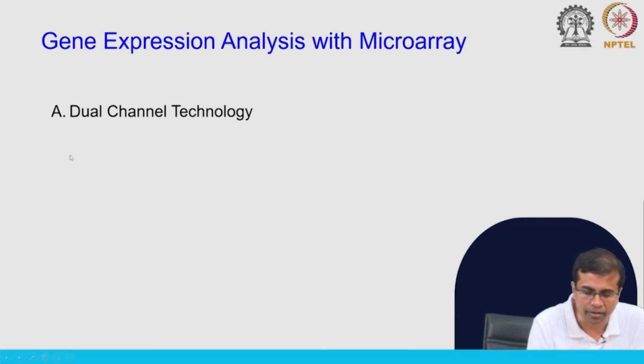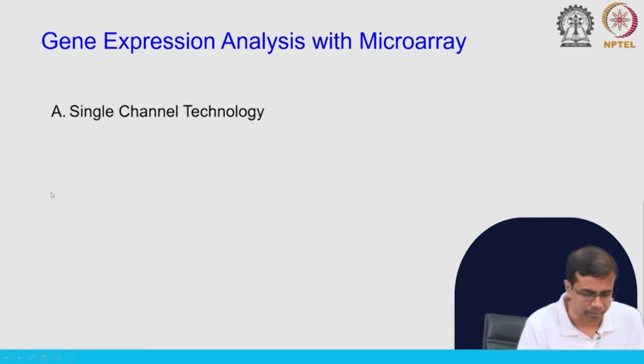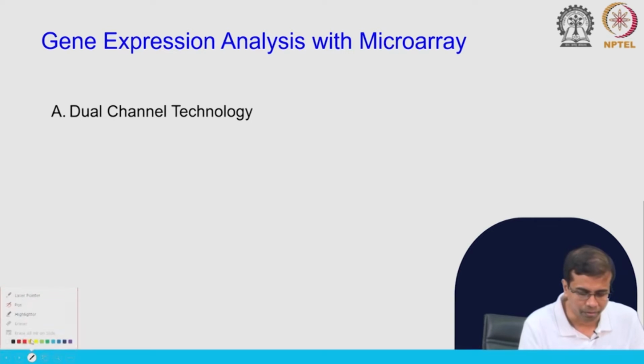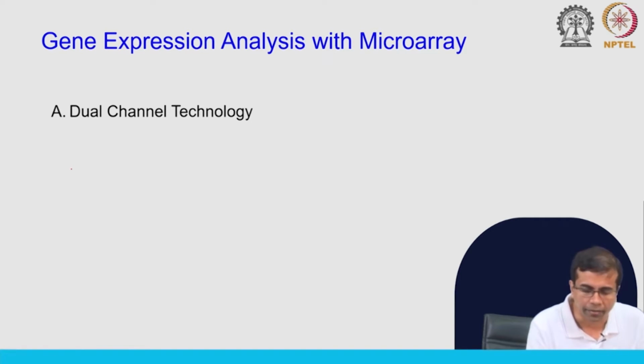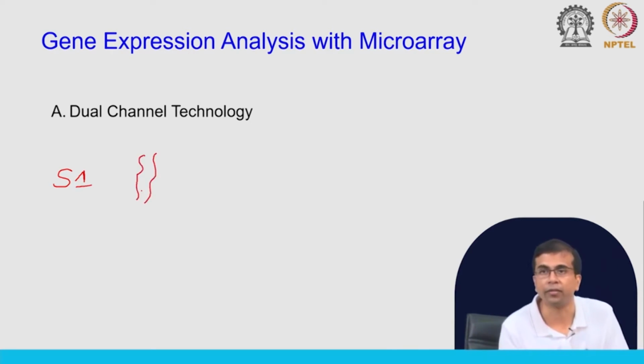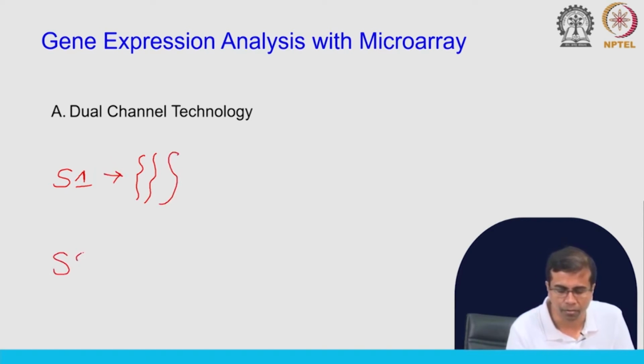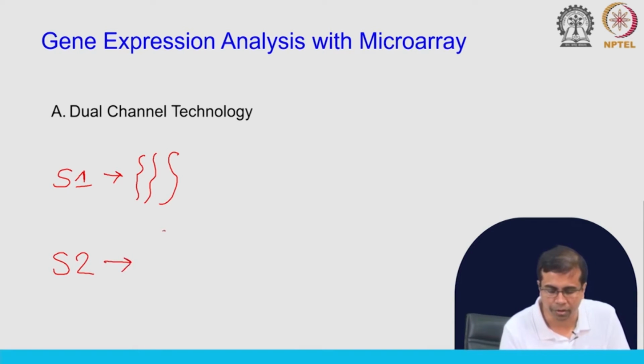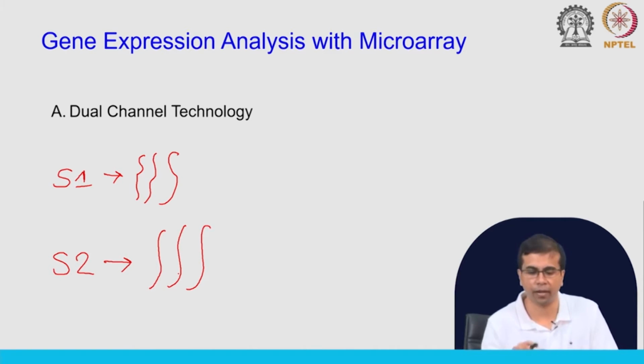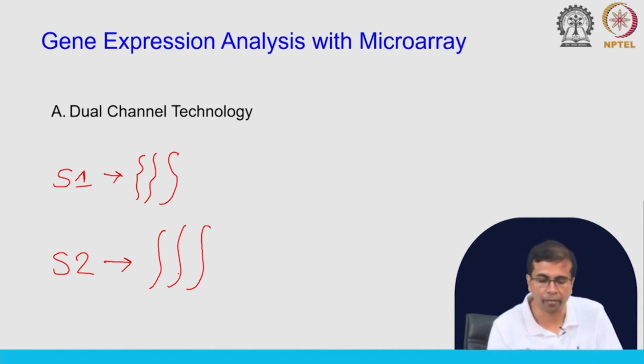You can imagine this: you have sample 1 from which you get RNA molecules, which are then converted to cDNA, and you have sample 2 from which you also get RNA molecules that are converted to cDNA, according to the flow diagram.